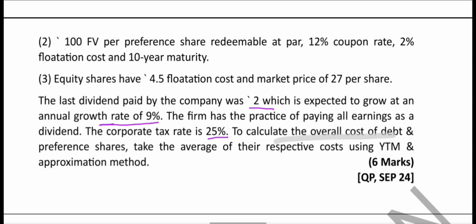And then calculate overall cost of debt, preference share, and take the average of their respective cost using YTM and approximation method. So by using YTM we're going to calculate the cost of debt and preference shares.